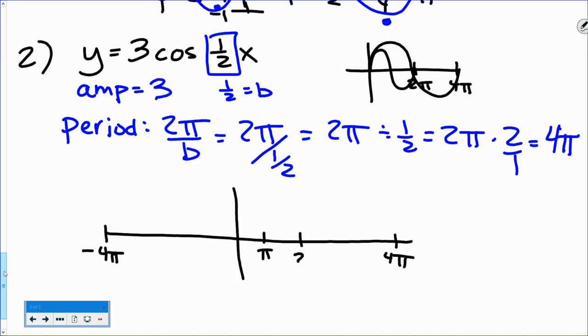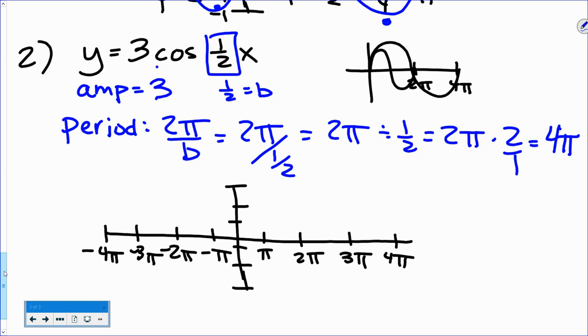So pi, 2 pi, 3 pi, 4 pi. Negative pi, -2 pi, -3 pi, -4 pi. My amplitude is 3, so I need to make sure I'm going up to 3 and down to -3.